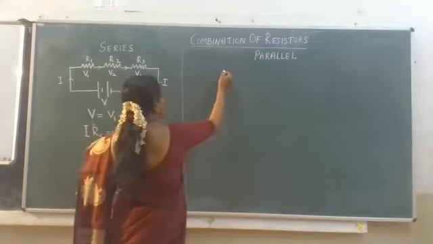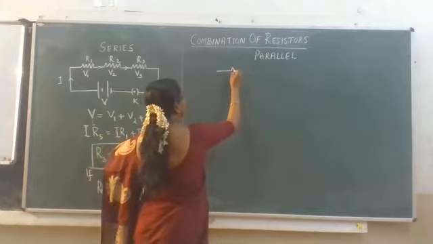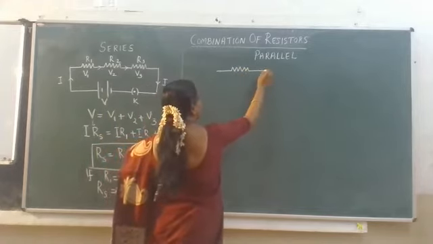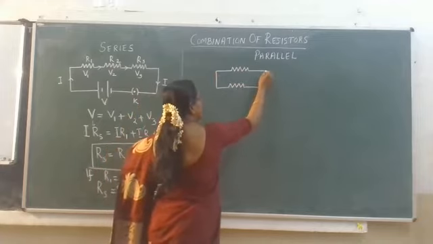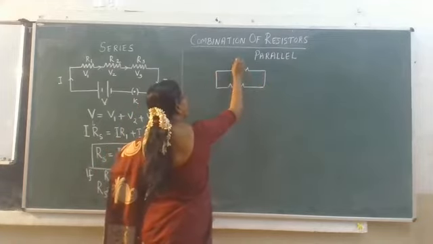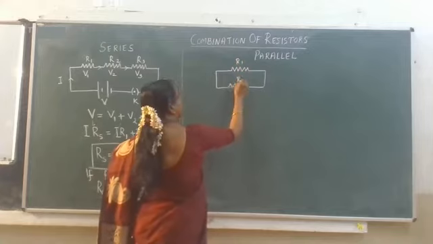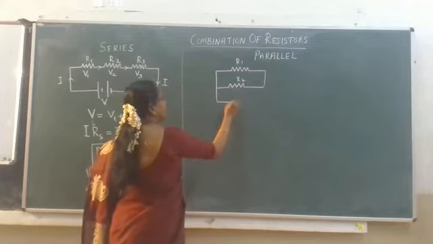So in parallel combination, we have to make one over the other connection. So let us mark these as R1, R2 and R3.